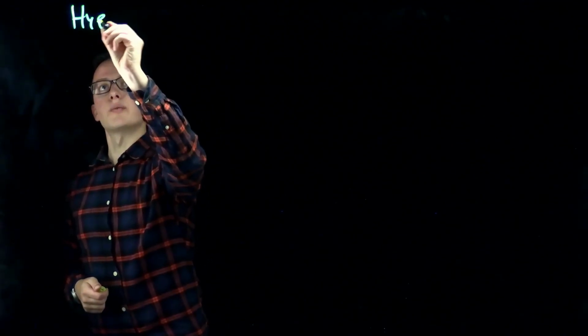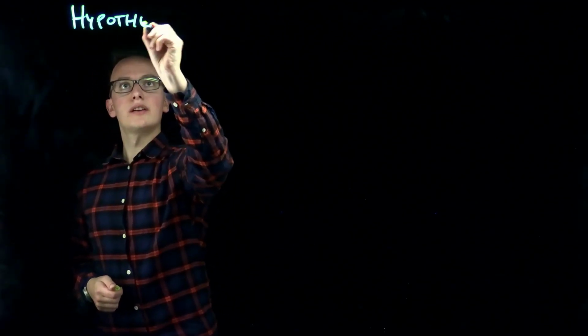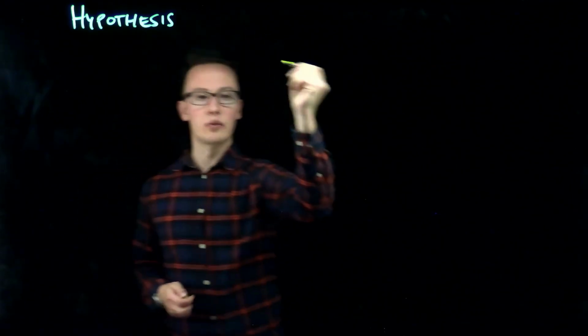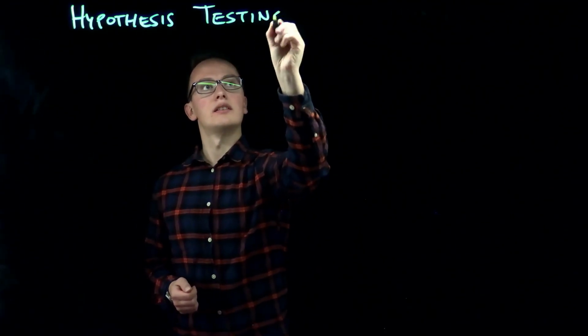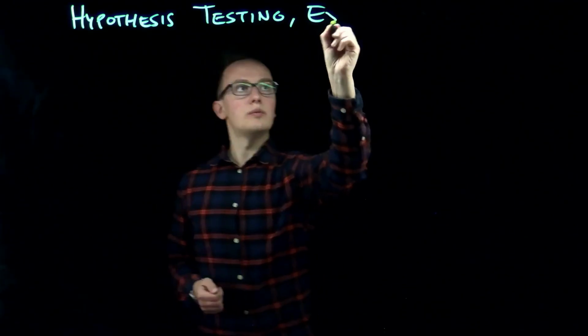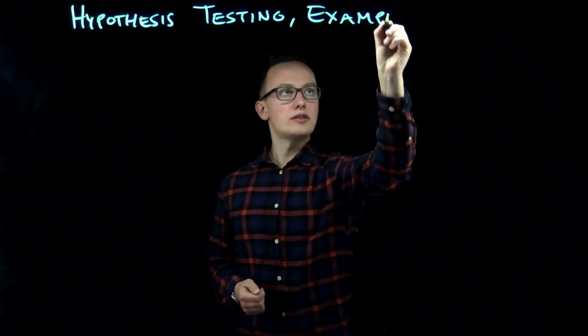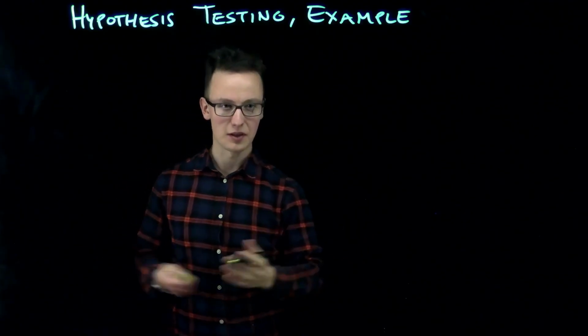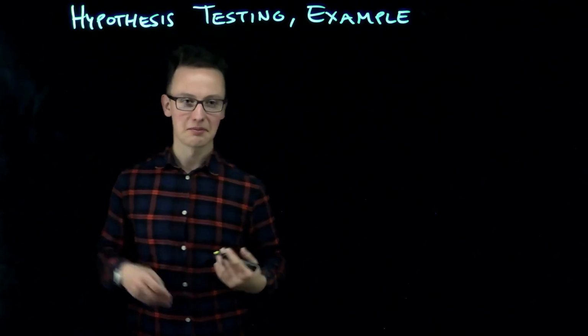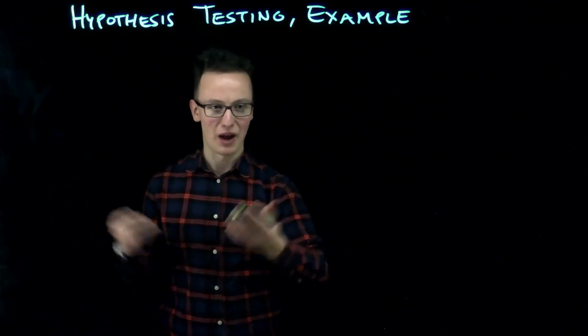Okay, it might be useful to look at a somewhat more concrete example in order to get a better idea of what hypothesis testing actually looks like. So let's say we are researchers and we have a certain hypothesis in mind, and I'm just gonna come up with some random example, okay?